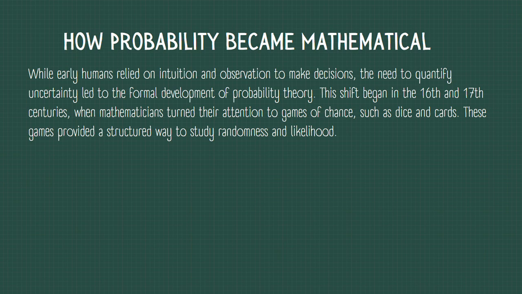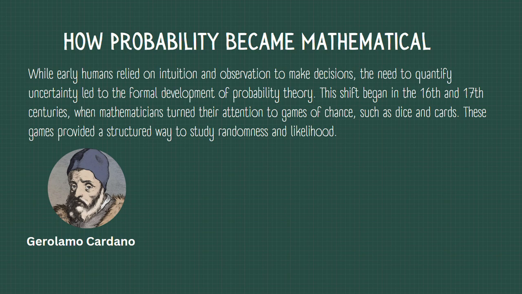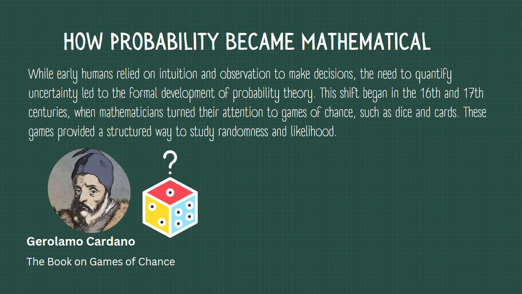Because of that, a person named Gerolamo Cardano, one of the first mathematicians to work on probability, wrote a book on games of chance, which is based on finding the right order in dice and cards so that we can win the game. It was curiosity that made him dive into probability.